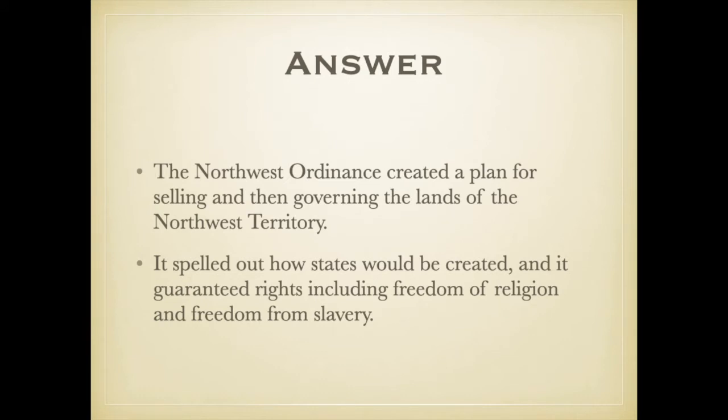The Northwest Ordinance created a plan for selling and then governing the lands of the Northwest Territory. It spelled out how states would be created, and it guaranteed rights, including freedom of religion and freedom from slavery.